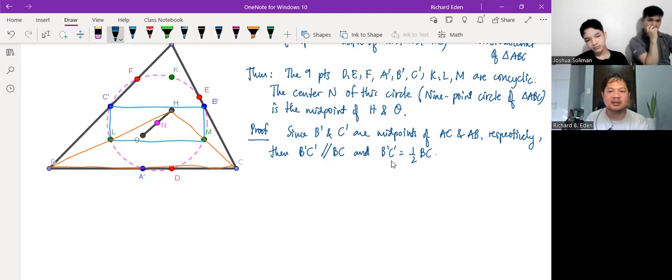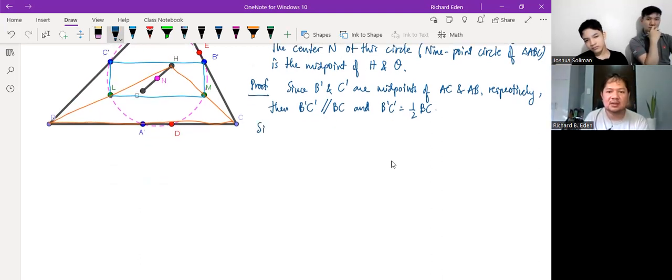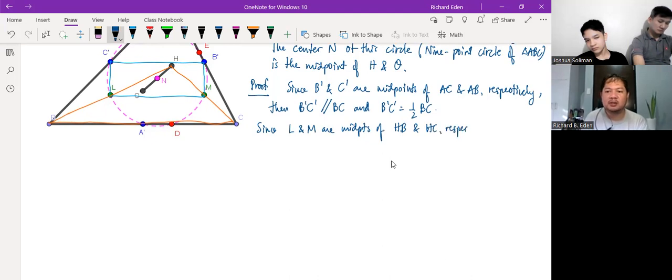Okay, so let's write it down. Since L and M are midpoints of HB and HC respectively, then LM is parallel to BC and LM is half of BC.